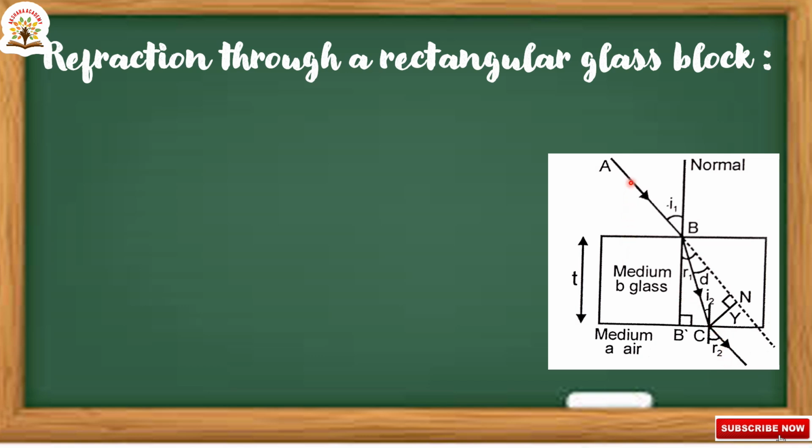So actually the incident ray should follow the same path. Here we are changing the separating medium. Here it is the air medium and here it is the glass medium. So this is the angle of incidence, and here we are calling it the angle of emergence.